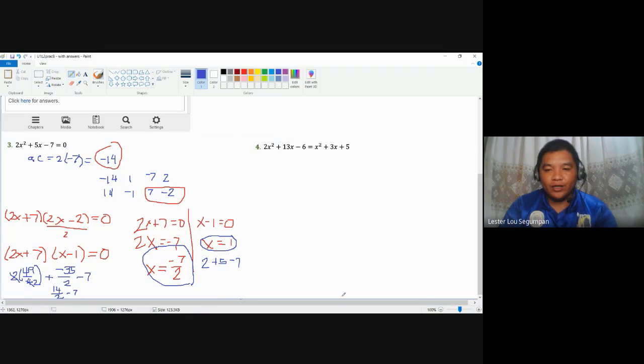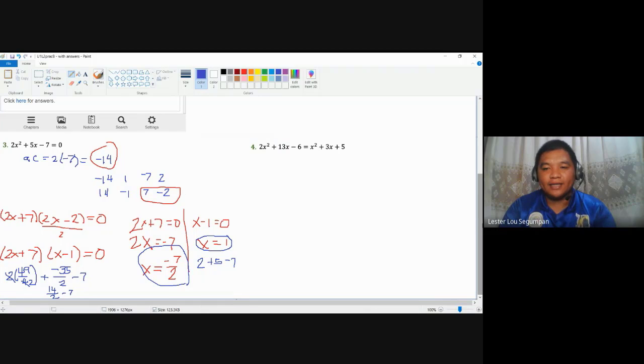Let's have number 4, the last item for this practice exercise. Okay, so for number 4, it's not yet in the standard form. So let's create its standard form first before we could actually decide whether we could use the factoring method or not.